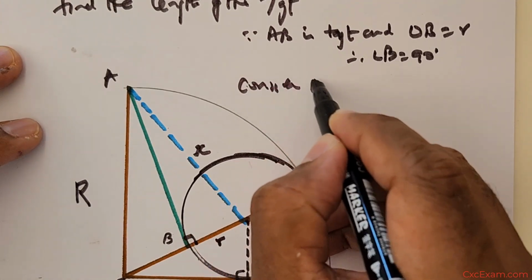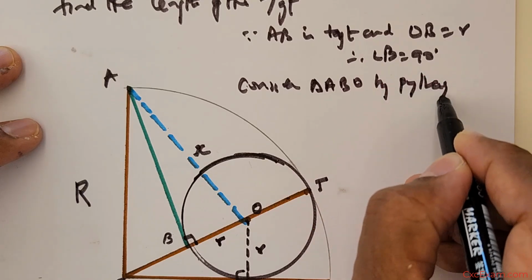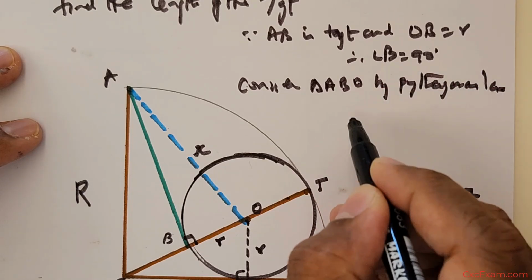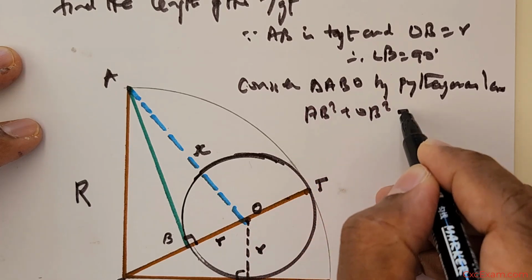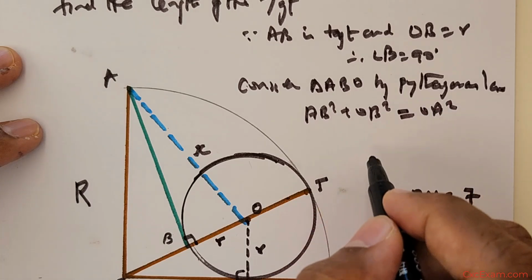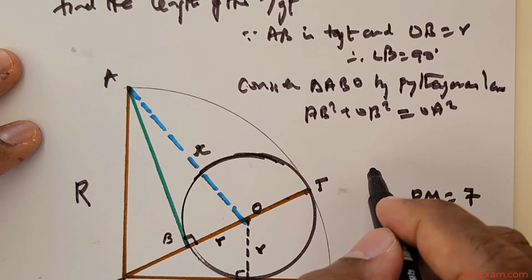So now we will consider triangle ABO by Pythagoras law. What do you have? AB squared plus OB squared is equal to OA squared.